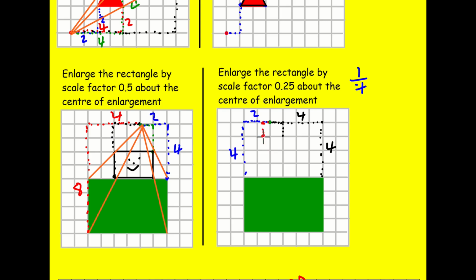And I can see that's going to be the top of my shape. Instead of it being 6 along, it's going to be 1.5 along. I'm pretty happy with it now. Instead of it being 4 down, it's going to be 1 down. That is going to be my shape. Let's draw the ray lines in.